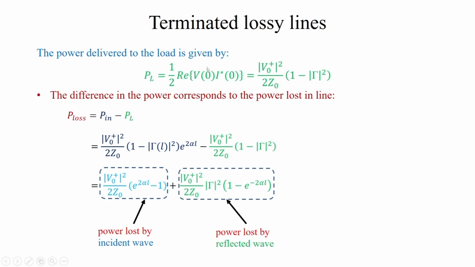P L is the load power which is finally delivered, and P loss is the total power loss because of the incident and reflected wave.